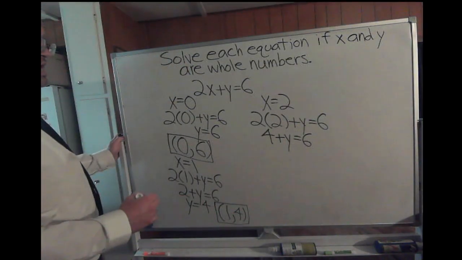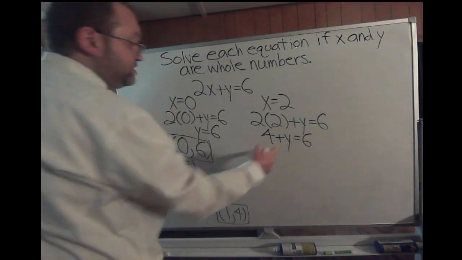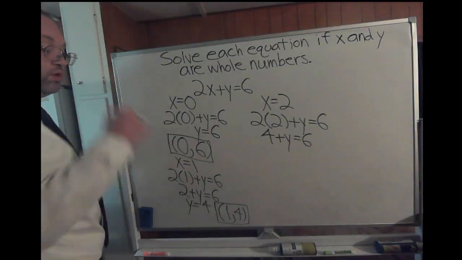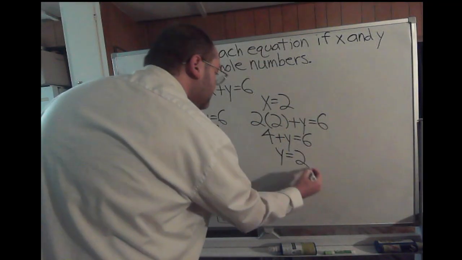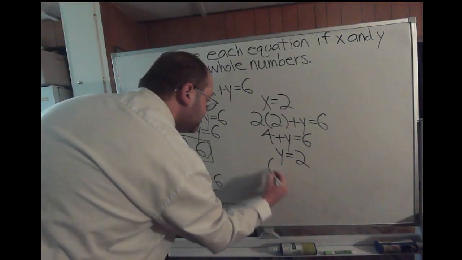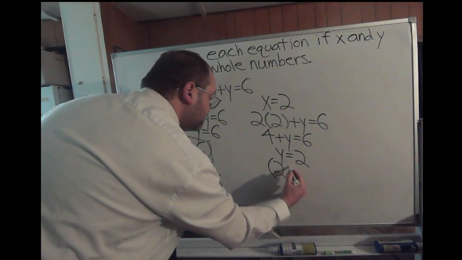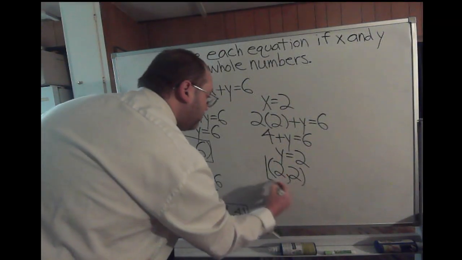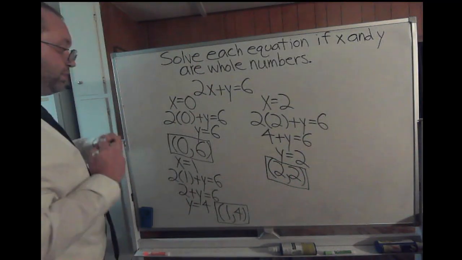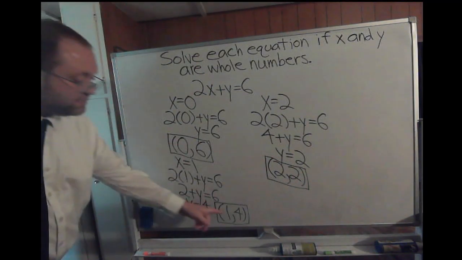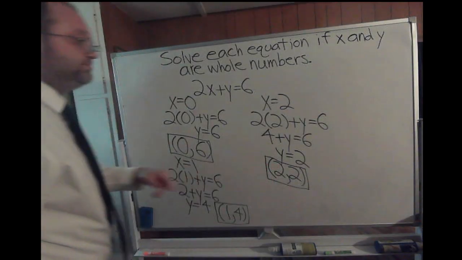We want to just find the y coordinate, so subtract 4 from both sides. You'll get y equals 2. So that means when x is 2, y is also 2, so therefore you get the ordered pair 2, 2. So far we have the ordered pairs 0, 6, 1, 4, and 2, 2.